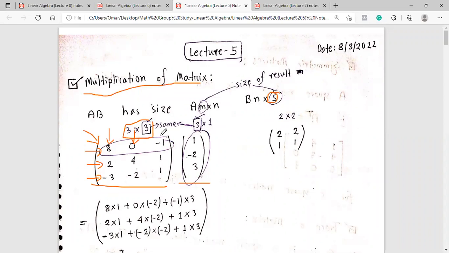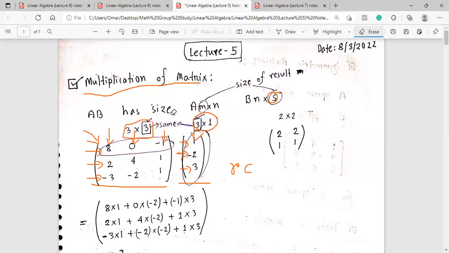And the second matrix is a 3 by 1 matrix because we have 3 rows here. So we firstly count the rows, and then we count the columns. We have 3 rows here and one column here. So that's why this is a 3 by 1 matrix.